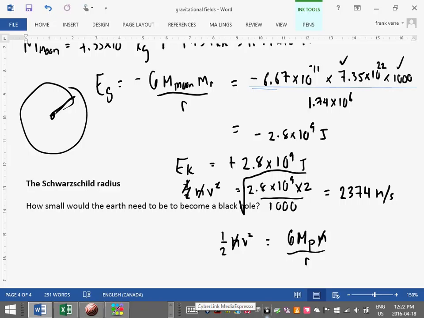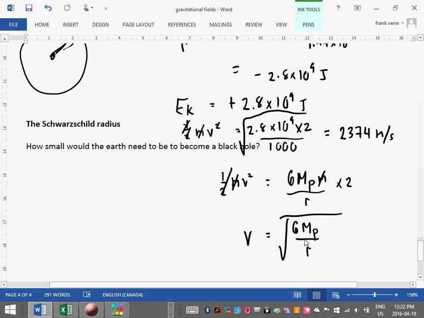So you're left with this equation. What this equation is, is the escape velocity equation. Okay?